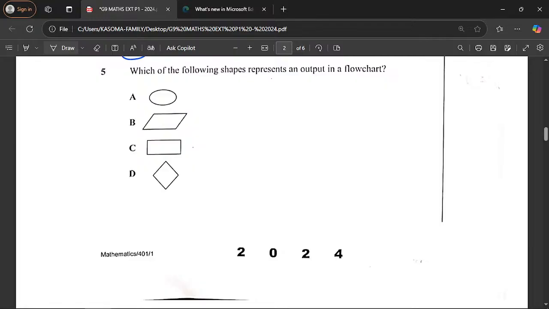Is it the oval shape? Is it the parallelogram? Is it a rectangle? Is it a diamond? Which one is representing output?